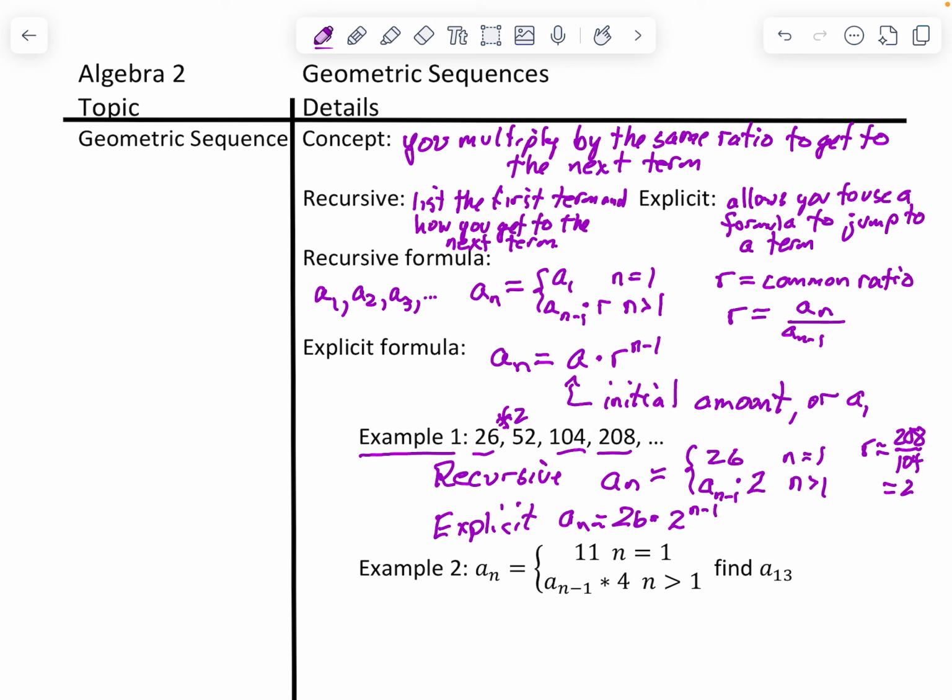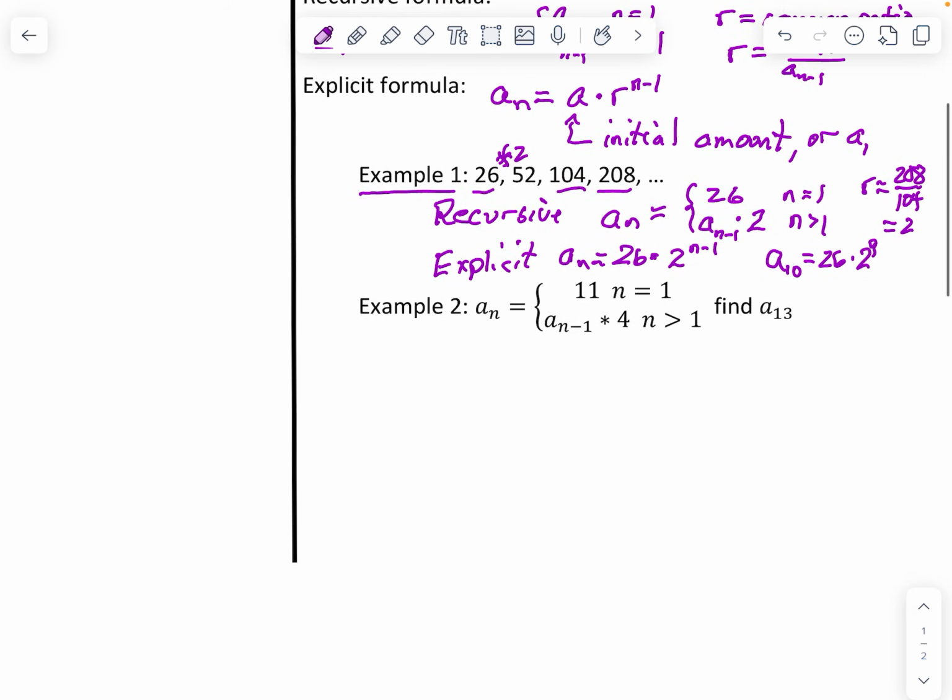So if we wanted to find the 10th term, a sub 10 is equal to 26 times 2 to the 9th power, 1 less than the 10. Because to get to the first term we don't multiply by the 2, so it's always 1 less than n.